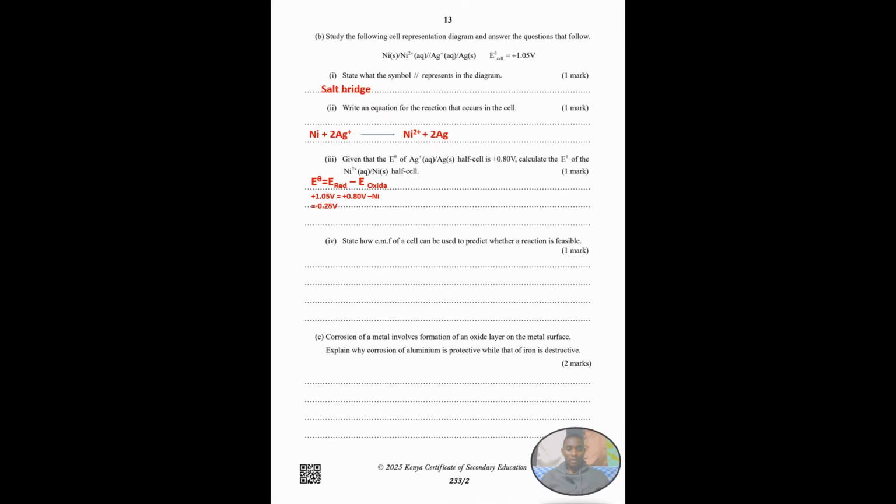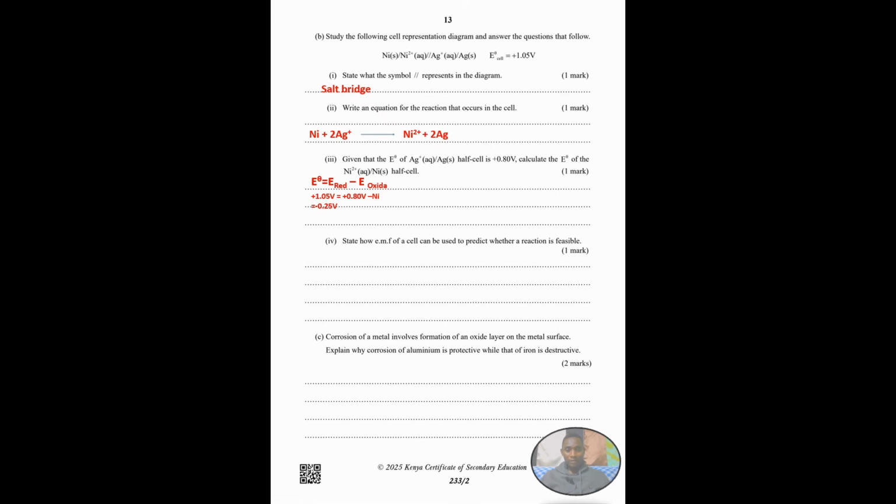We're able to obtain the E naught value of nickel: I'm going to take the positive 1.05 to this side and the nickel to the other side, and I'm going to have negative 0.25 volts for the nickel half-cell. So that is the correct answer.